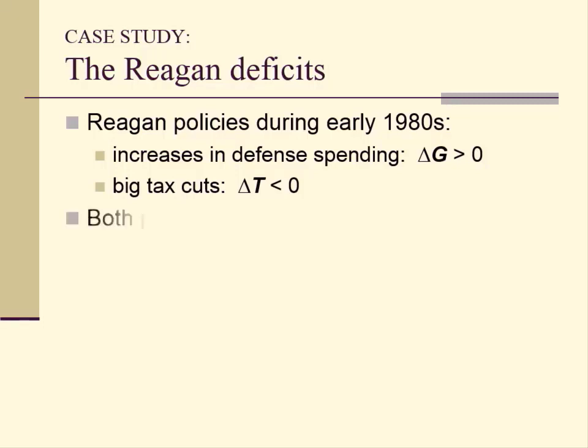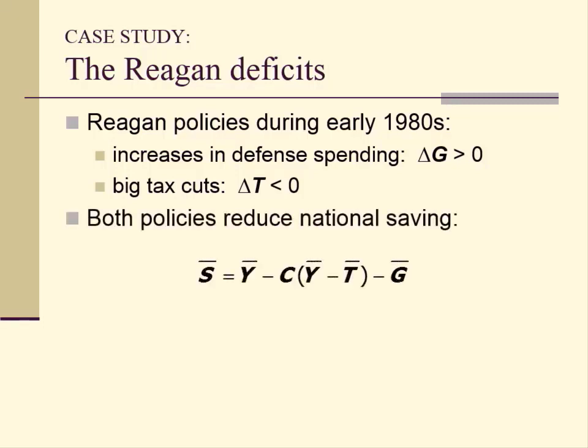So both of these policies reduce national savings, as you can see from the national savings equation, Y minus C minus G. There's the direct effect of increased government spending that leads to a decrease in national savings, and the effect of decreased taxes increasing consumption, therefore decreasing national savings. That's the indirect effect on national savings via consumption increases.